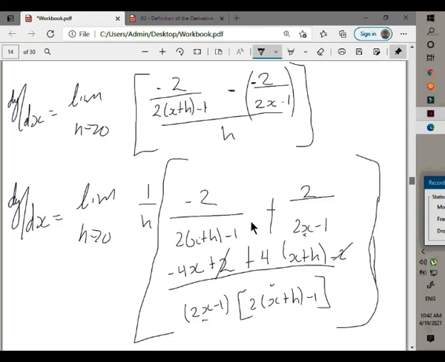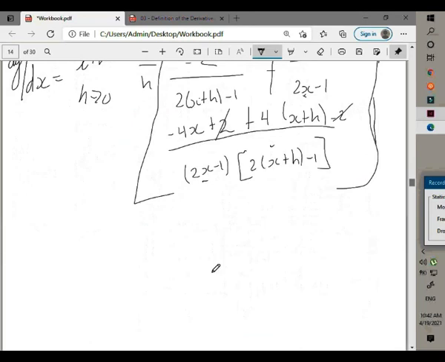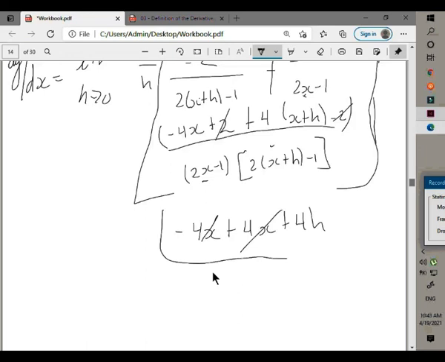So I'm just going to get rid of that one time, which makes my life so much easier. I'm working out this part here. Minus 4x plus 4x plus 4h. So this will also go. I did this just to simplify.